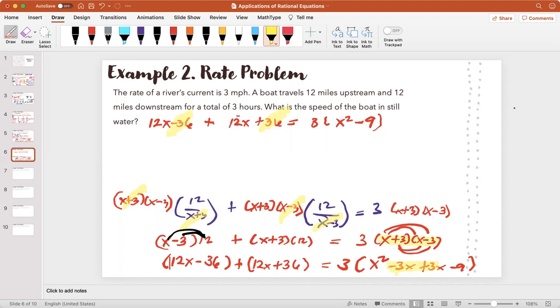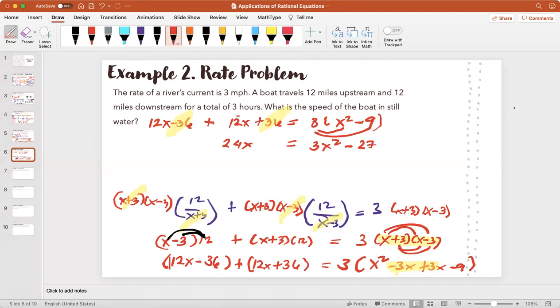So we have 12x plus 12x. You have 24x equals your 3 times x squared. You have 3x squared. 3 times negative 9 is negative 27.